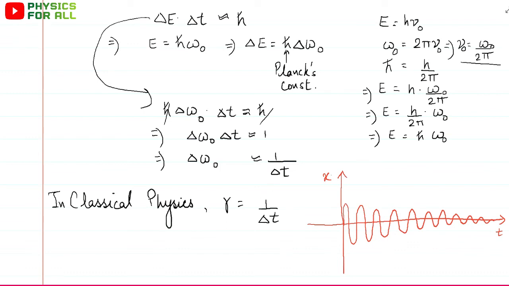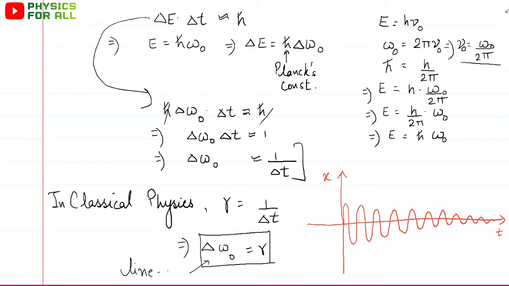So if according to classical physics we have gamma equal to 1 upon delta T, from here we can imply that delta omega naught is equal to gamma. What is delta omega naught? This is the line width. So whatever line width is there is simply equal to the damping.